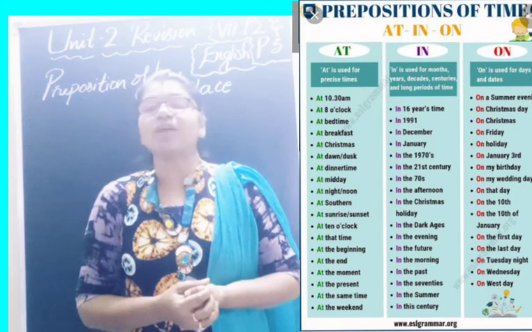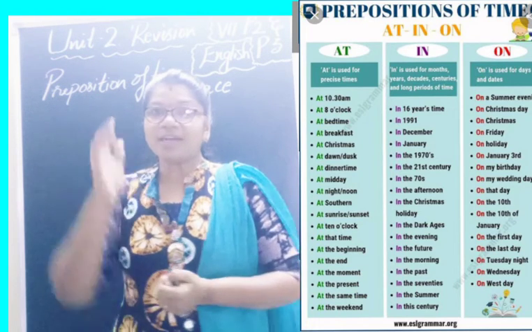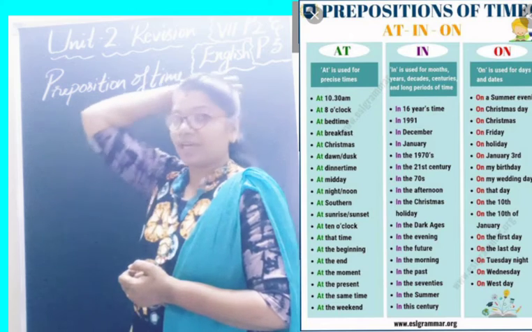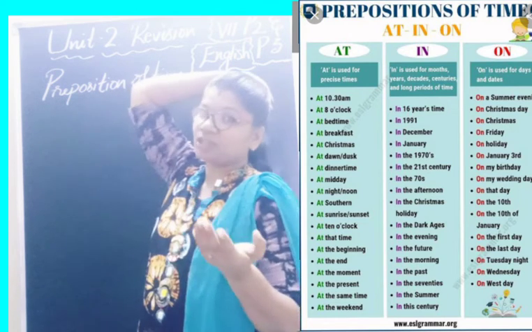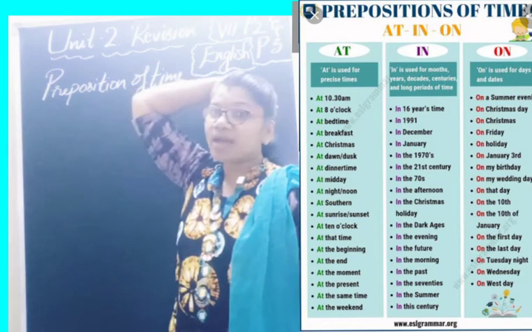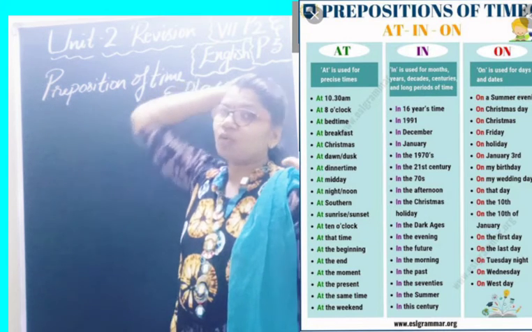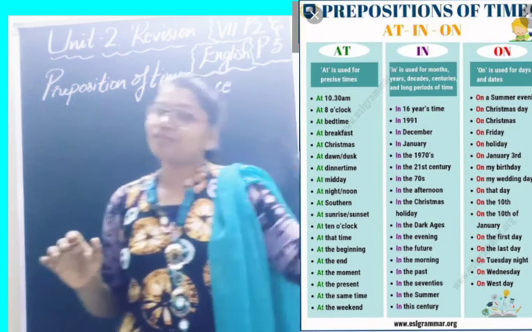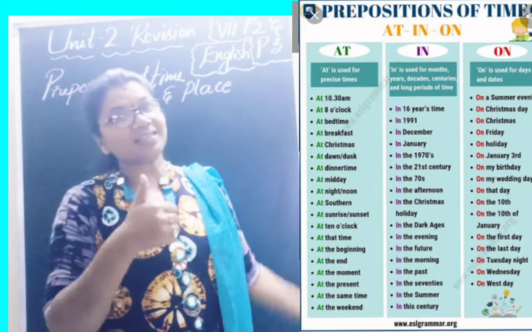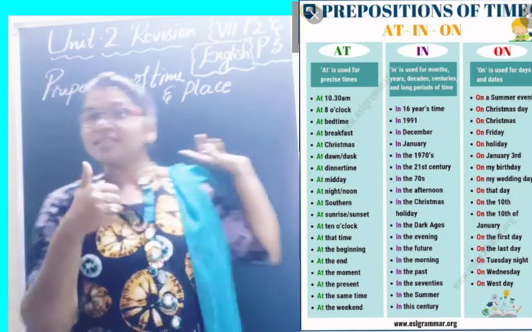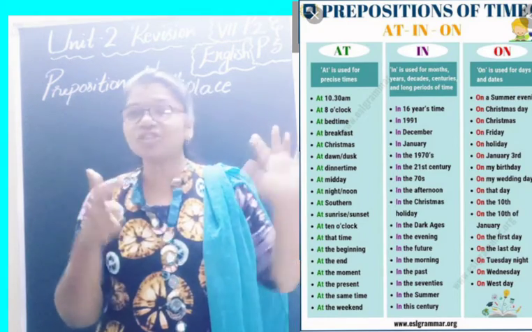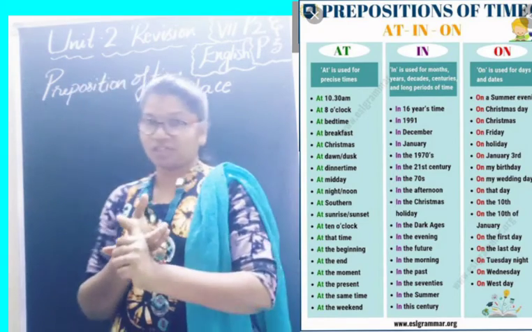Preposition is one of the parts of speech. There are 8 parts of speech in the English language. Let me recollect all those 8 for you: 1 noun, 2 pronoun, 3 adjective, 4 verb, 5th adverb, 6th preposition, 7th conjunction, the last interjection.